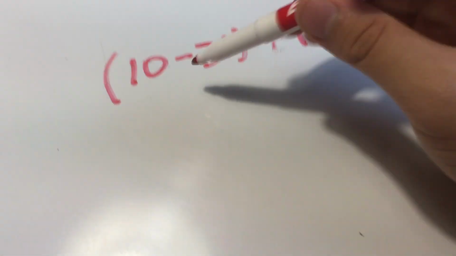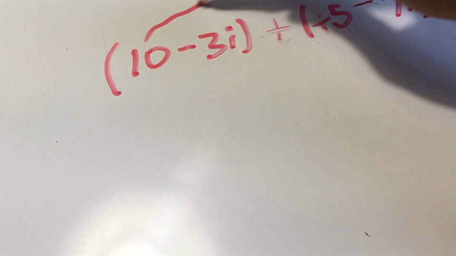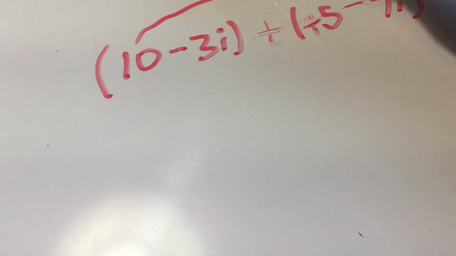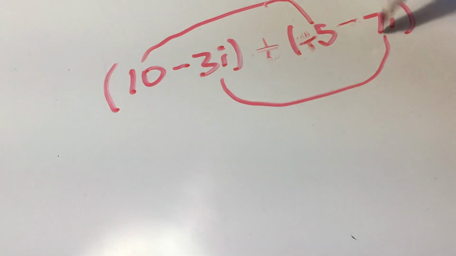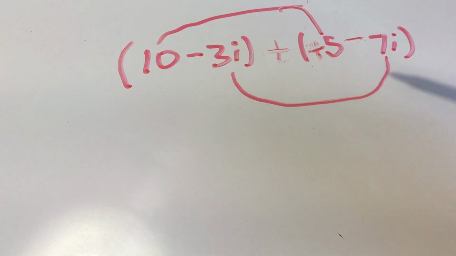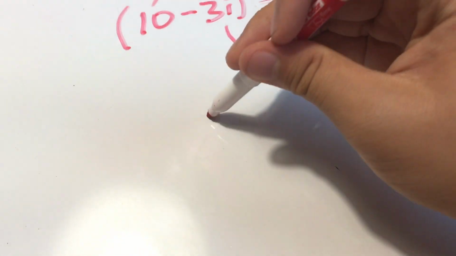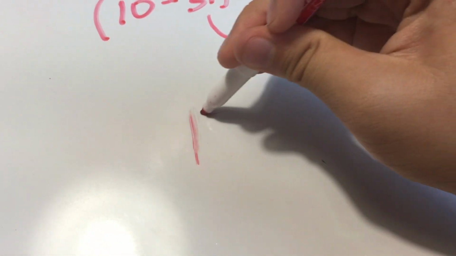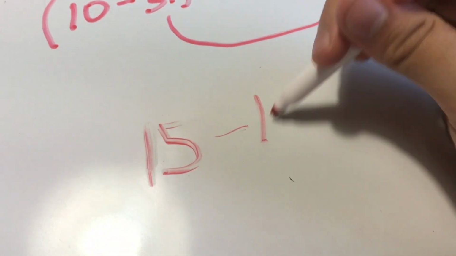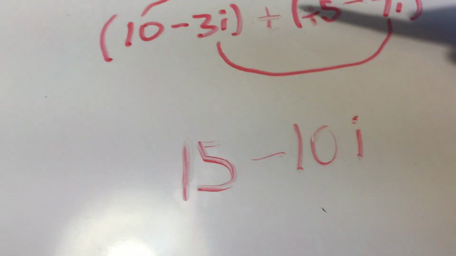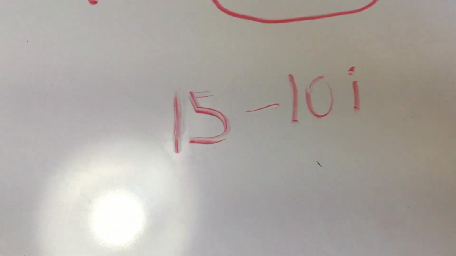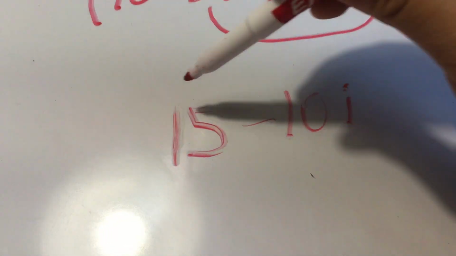Okay, so now we can combine like terms. 10, that one and that goes there. So 10 plus 5 gives you 15. 15 minus 10i, because -3 minus 7 gives you -10, including the i.